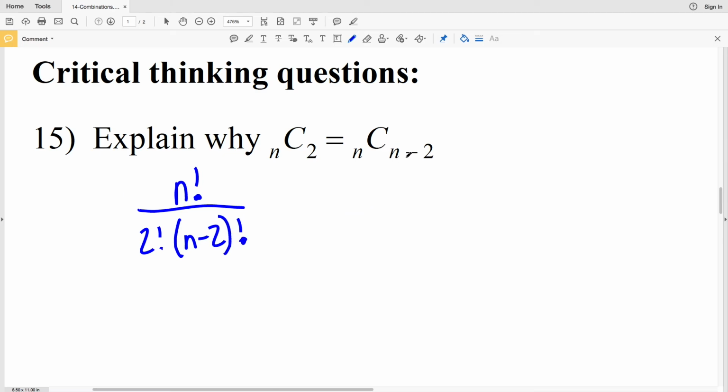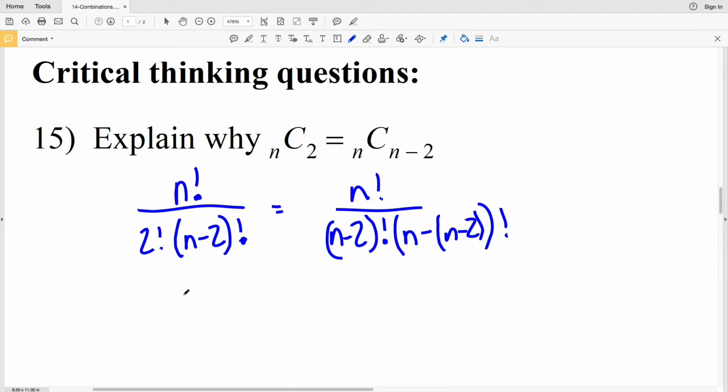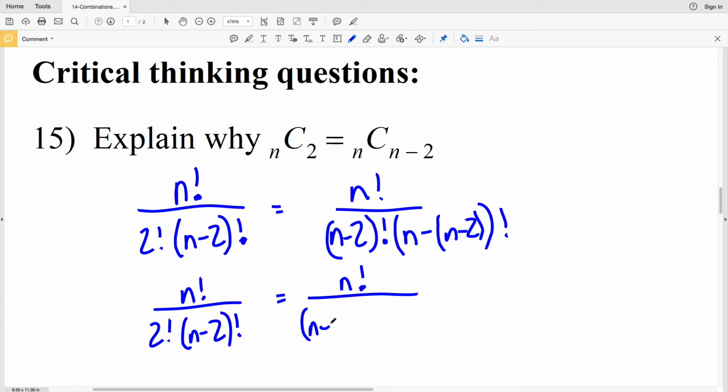And n choose n minus 2 is n factorial all over n minus 2 factorial times n minus (n minus 2) factorial. This left-hand side, I'm not simplifying for now, but looking at this right-hand side, n factorial over n minus 2 factorial, and n minus (n minus 2).